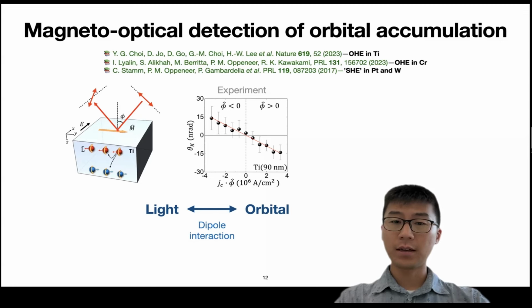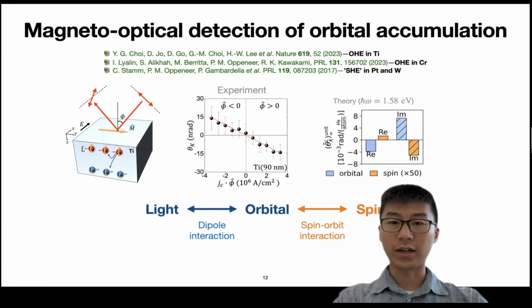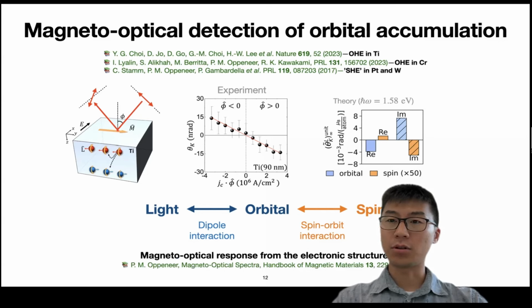And then we can detect spin by light because of the spin-orbit interaction. So that's why when you look at the expected amount of Kerr rotation for the given amount of orbital accumulation and spin accumulation, in fact, orbital accumulation can give rise to about 100 times stronger response than what spin accumulation can give.